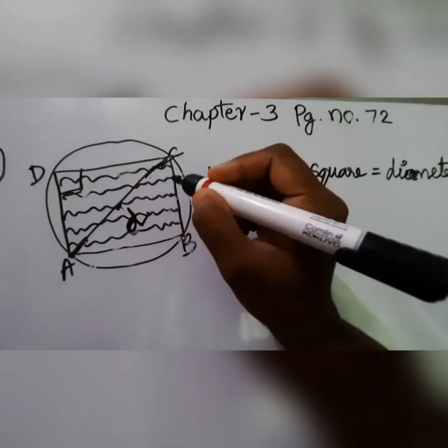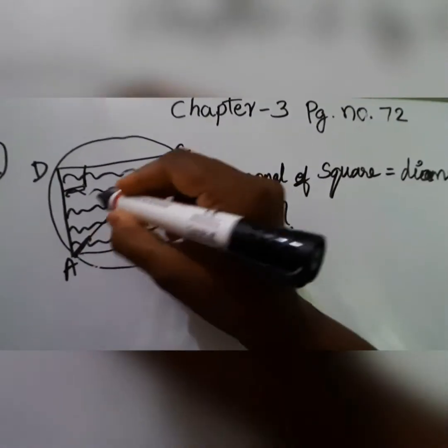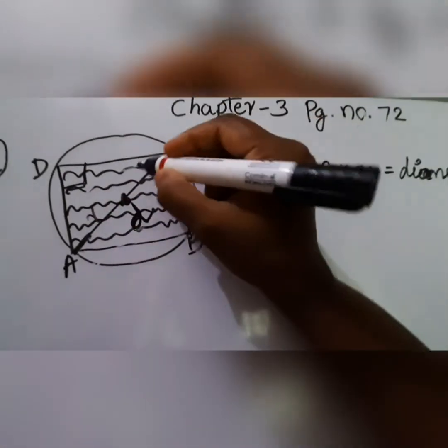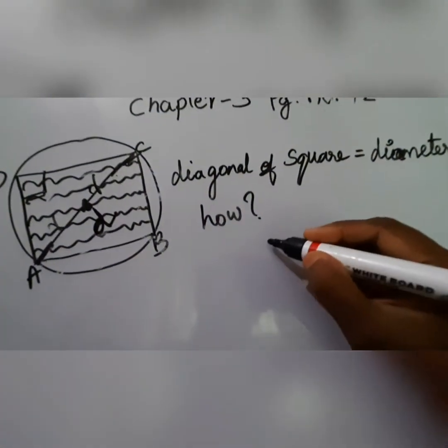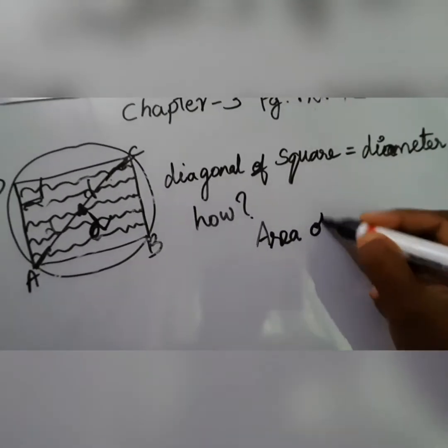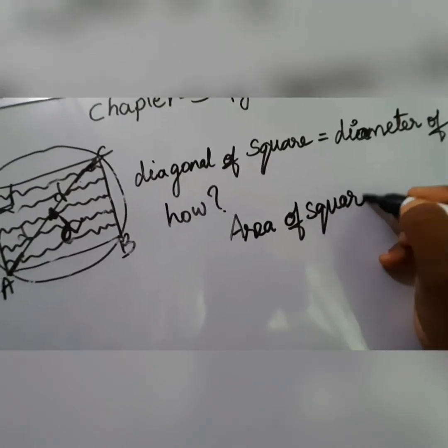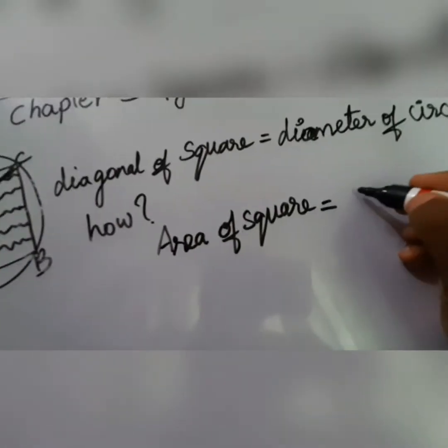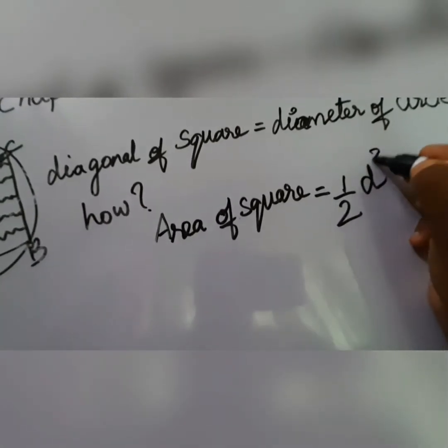Anyway, if it is diameter, this is the midpoint, so we can say this is R, radius, this is also R. Now we can write area of square. Area of square, we learned one formula, that is half into diagonal square.